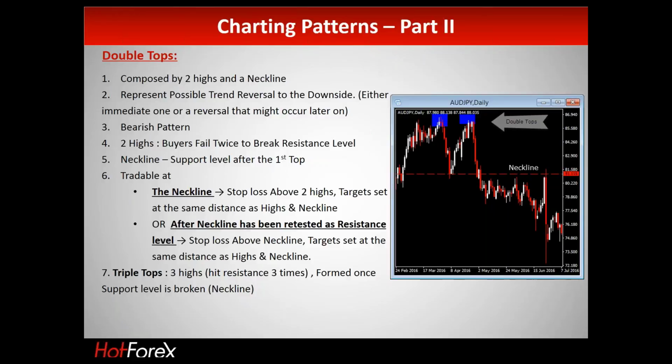As I said, it's a bearish pattern, and you can identify it if you notice two highs and a neckline. I will explain that right now. What do we mean by two highs?